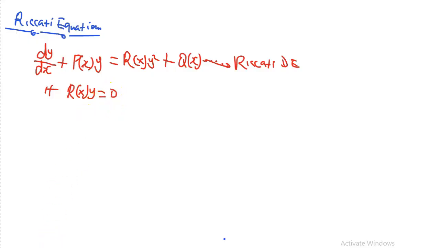What that means is that the whole of what you have on this side becomes 0.